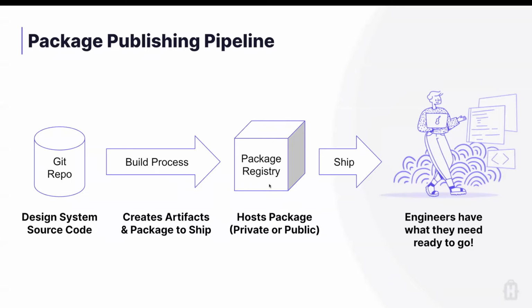We put those NPM packages on package registries. That's our host, and they're either private or public. Here at Knapsack, we always lean towards the private side. And of course, we ship those things, allowing engineers and teams downstream to use those NPM packages. Then engineers have what they need and are ready to go.